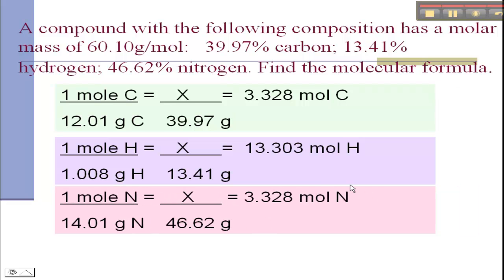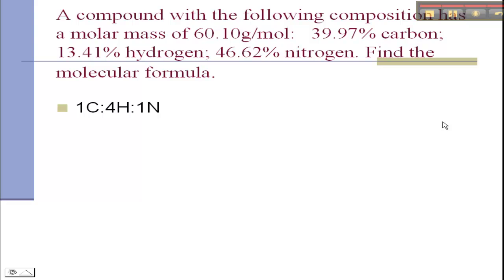All right, so after you get your mole ratios, you're going to divide by the smallest, which is 3.328. All we've done is use our empirical formula skills from our previous learning target, 6.4. So when we divide by the smallest, we get a 1 to 4 to 1 ratio.